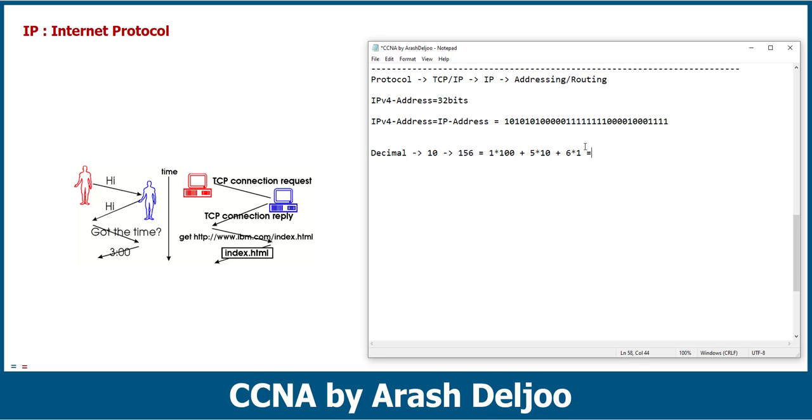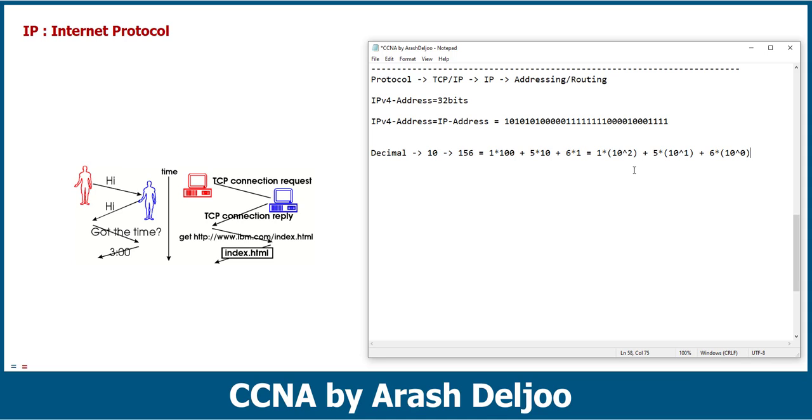If I write this in the base of 10, I can say 1 multiplied by 10 to the power of 2, after that 5 multiplied by 10 to the power of 1, and after that 6 multiplied by 10 to the power of 0.